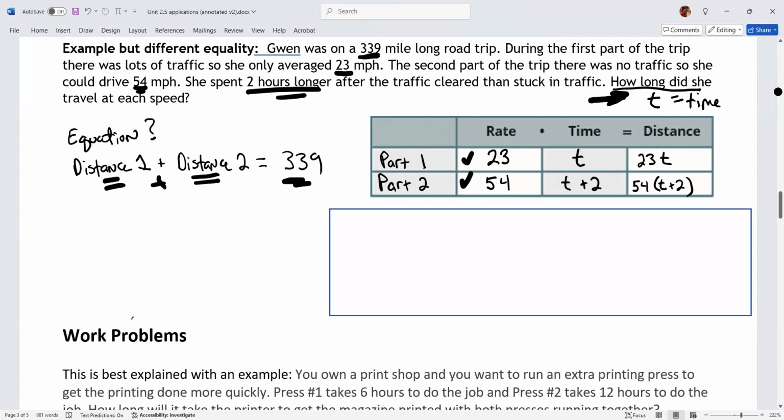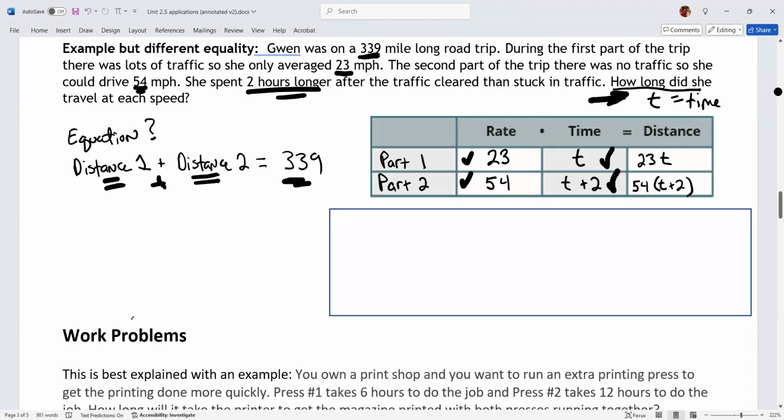So I'll call in part one that she spent t hours in traffic. All I do know is that she spent 2 more hours not in traffic. So whatever time she spent in traffic, I have to add two to that to determine her time not in traffic. And t is what we're solving for, the time.